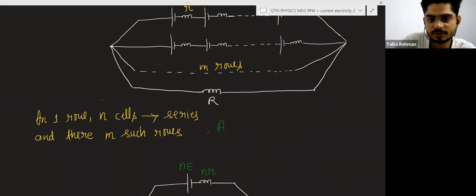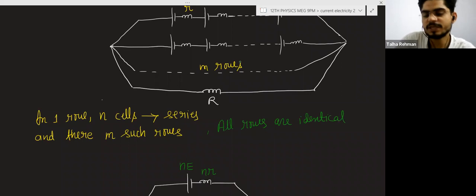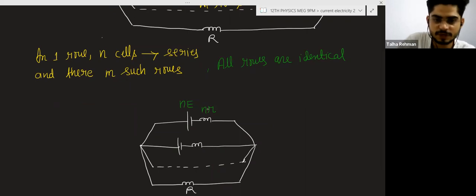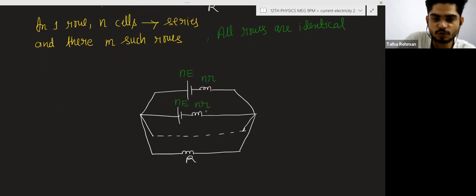In each row the equivalent EMF is nE and the internal resistance is nR, and there are m rows.